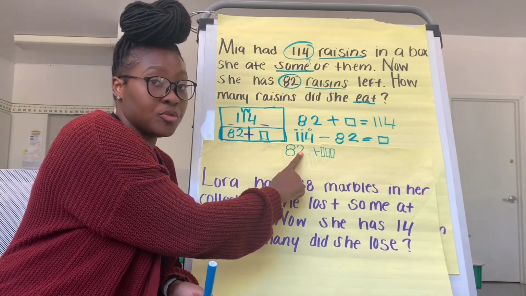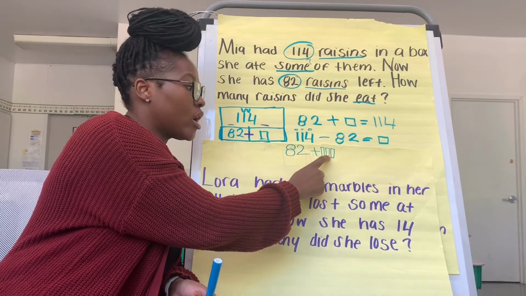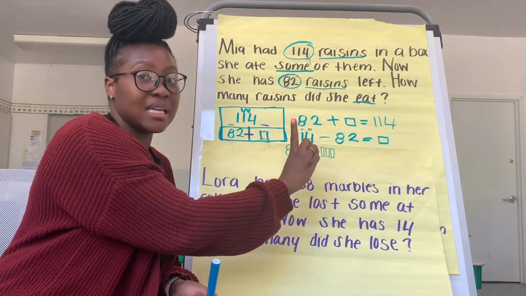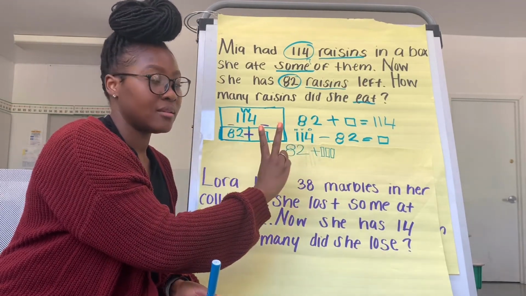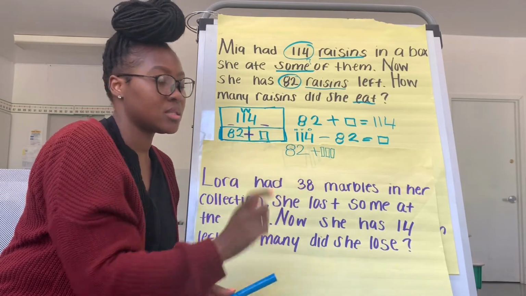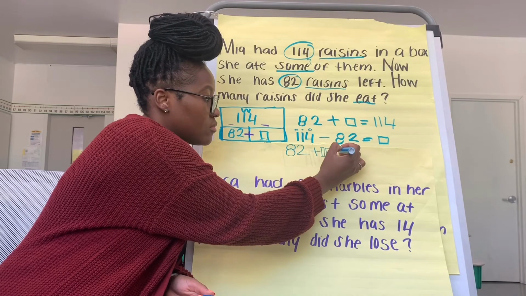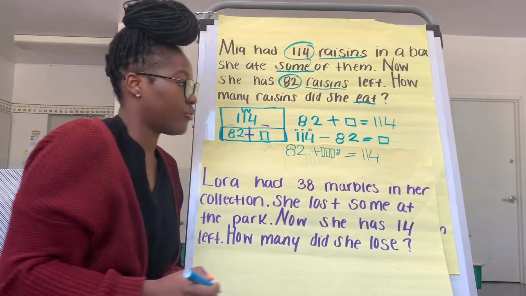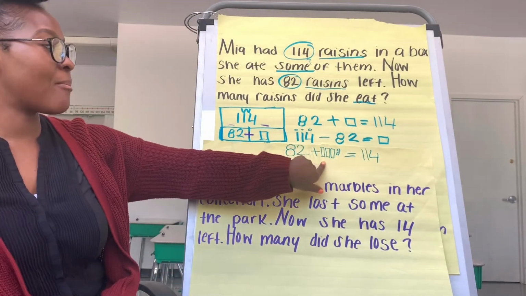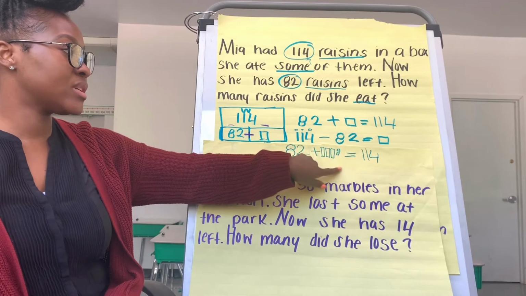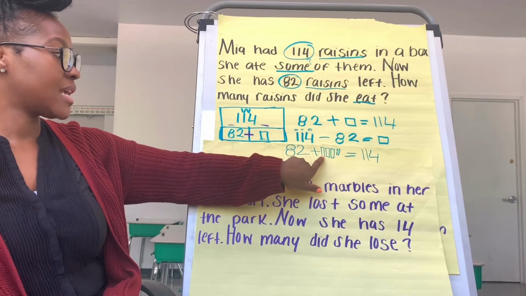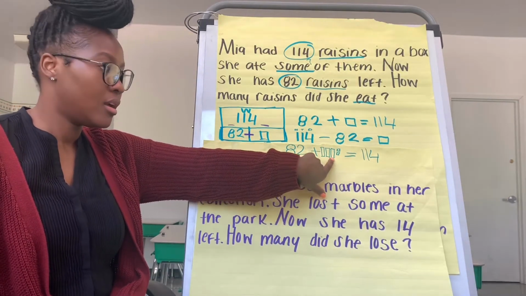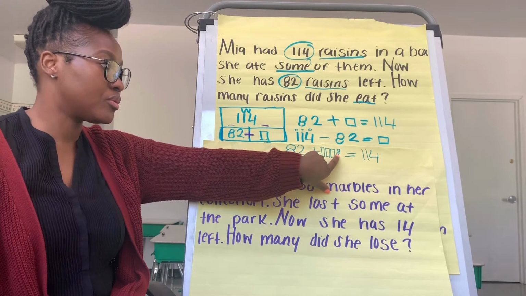So we have 82, 92, 102, 112, 113, 114. So I counted up 2 ones. Now let's count the amount that we counted up so we can see what was our missing part. 10, 20, 30, 31, 32.